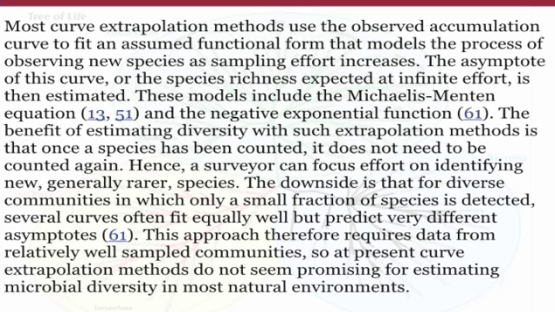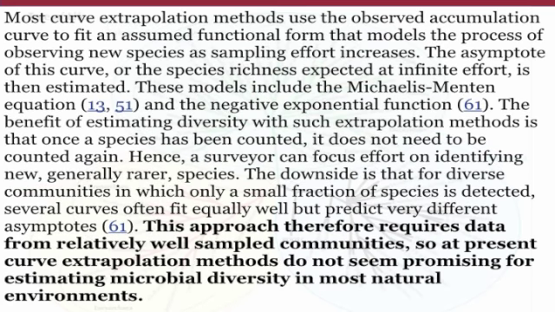I don't think they like those very much. They don't spend a lot of time on it, largely because they feel like for microbial communities, you're mostly in the part of the curve where none of them are approaching an asymptote. I mean, if the curve was like this, you could use a curve extrapolator and say, yeah, we're not going much above 11 or something like that.